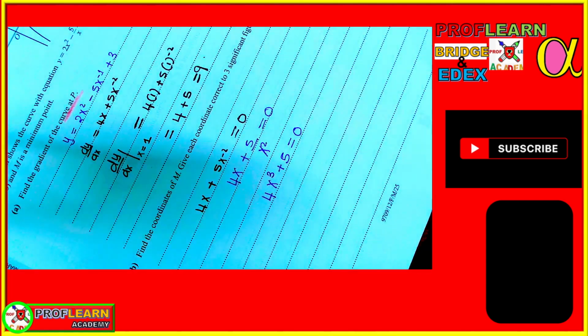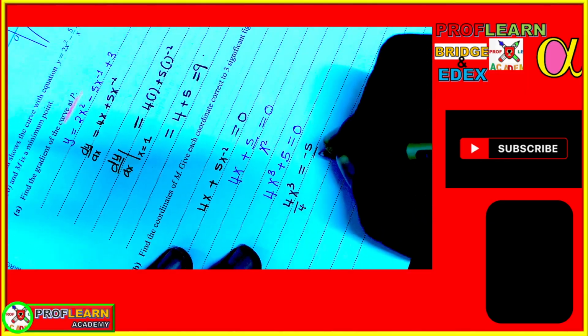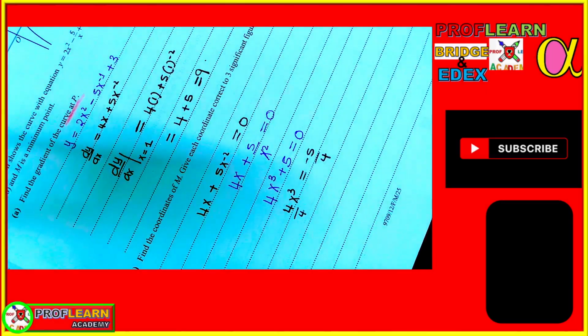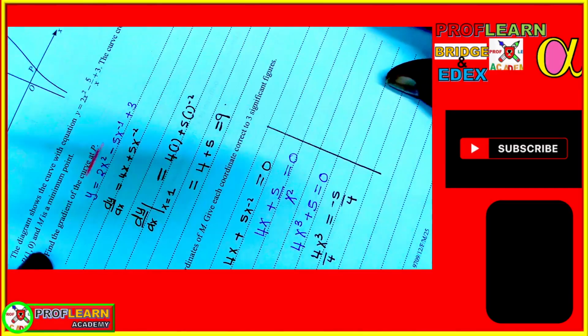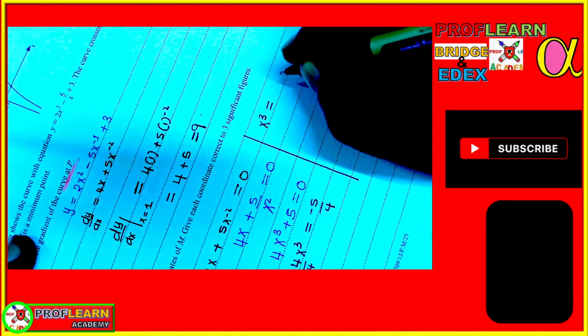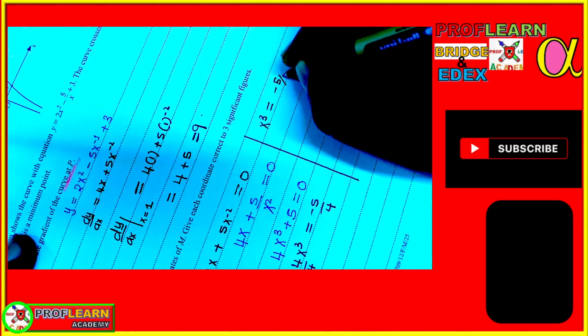So if I have this, as we've attended in the class of Proflan on how to solve equations, we can say 4x cubed is equal to minus 5, over 4. Meaning that x cubed is going to be minus 5 over 4.